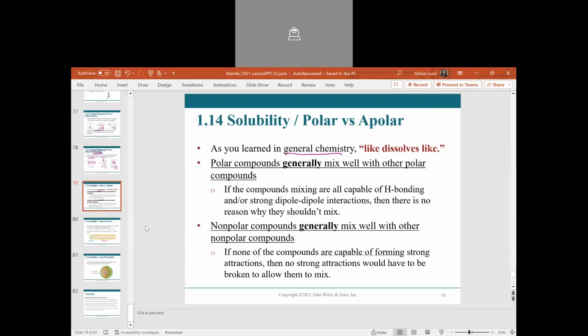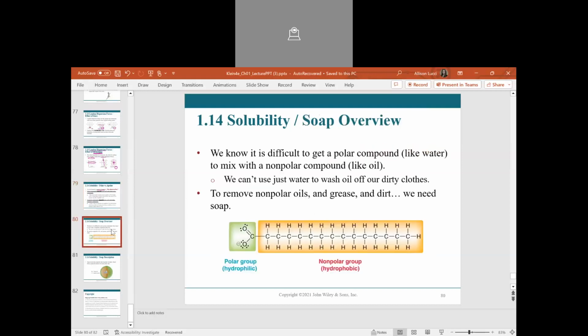So let's take a look at some more clarifications of that property, like what is polar, what is nonpolar. Again, the electronegativity difference between the atoms involved in a bond is what makes them considered polar. So carbon and oxygen over here in this polar group, this what's called hydrophilic or water-liking, water-loving end of the molecule, has larger differences, we'll say, in the carbon to oxygen bond than the carbon hydrogen bond.